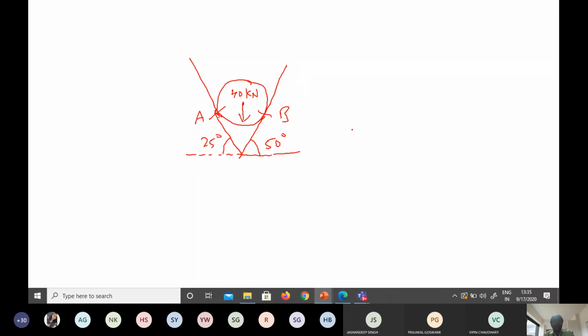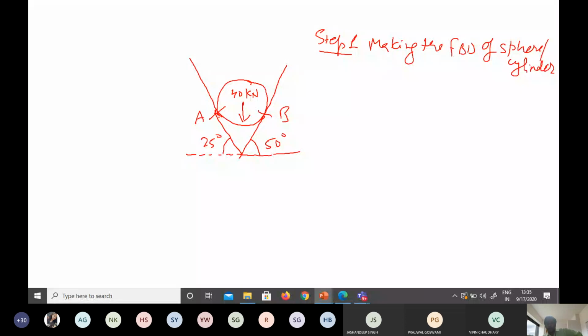Step number 1: making the FBD of the sphere, or the cylinder. Here it is the cylinder, so we can write cylinder here.